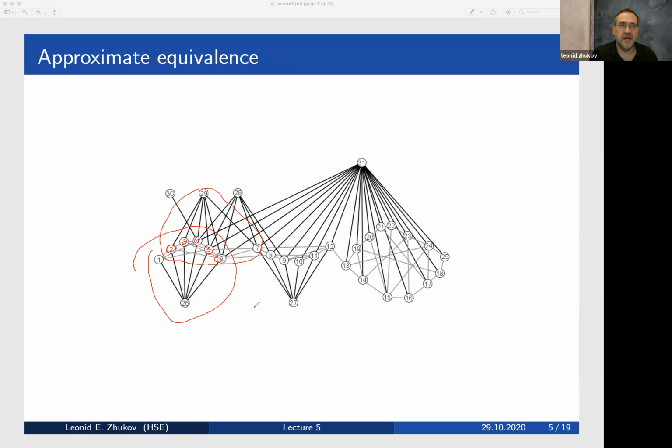Or in other words, they're structurally similar. Again, structural similarity means a similar connectivity pattern within the graph, and that means connected to pretty much the same nodes within the graph.